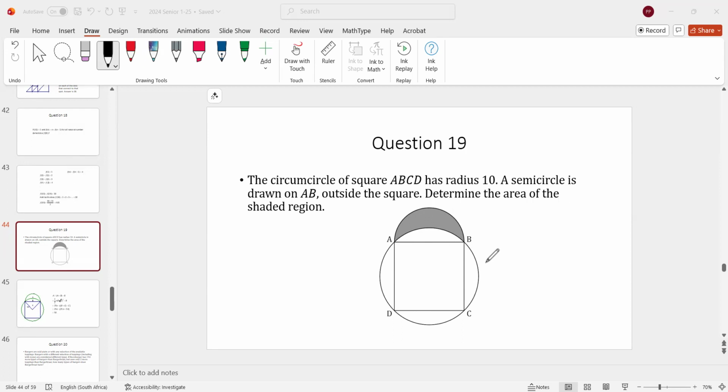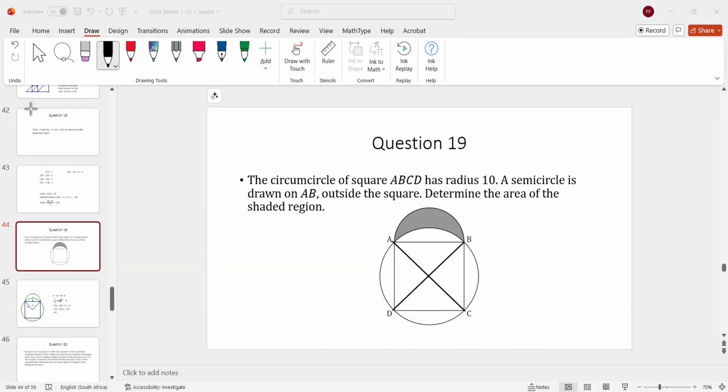Now, where is the center of the circle? The center of the circle will be where the two diagonals intersect. It's nice to know these facts. Squares are very heavily tested. A square has various properties, but amongst them, the diagonals are equal, and being a parallelogram, they bisect each other.